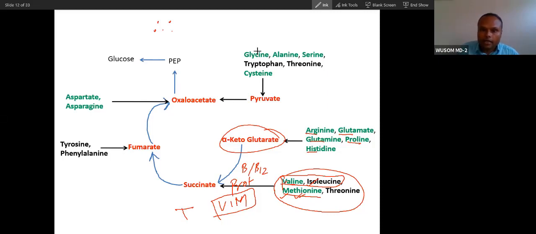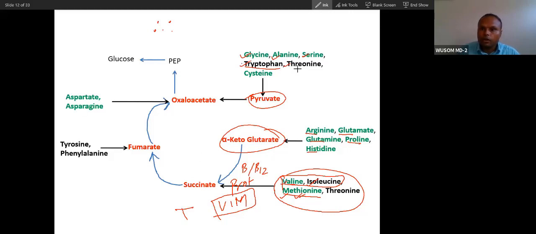And then gastric pylorus. The pylorus is part of your stomach. G for glycine, A for alanine, S for serine, and 2 T's: tryptophan and threonine. Tryptophan is an aromatic amino acid. Black means it provides both ketone bodies and glucose; green provides only glucose.